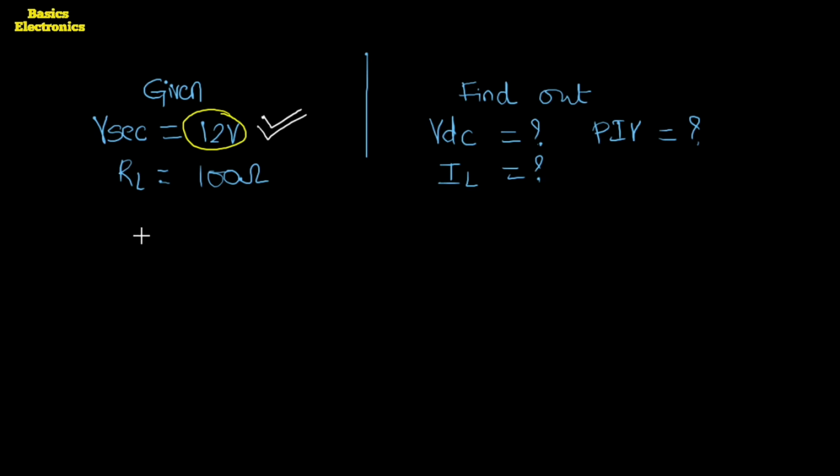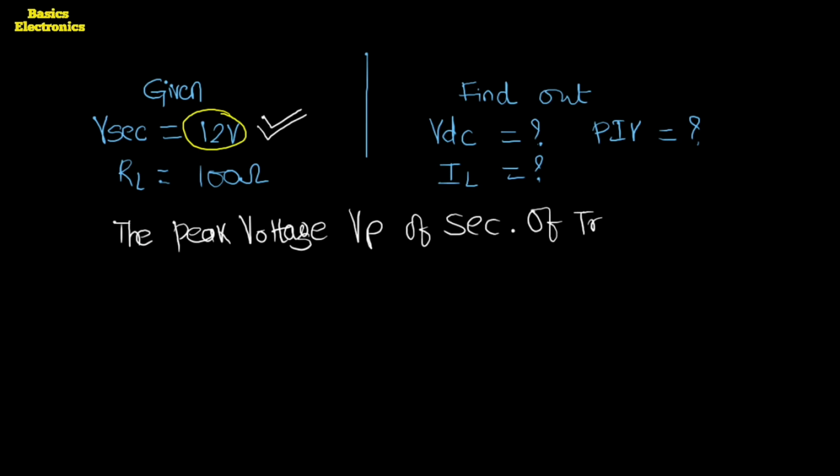Here I am going to write down that sentence: the peak voltage Vp of the secondary of the transformer is given by, what is that formula?